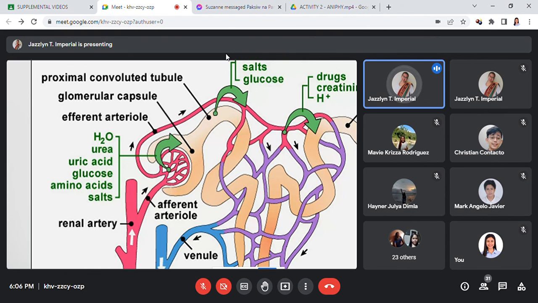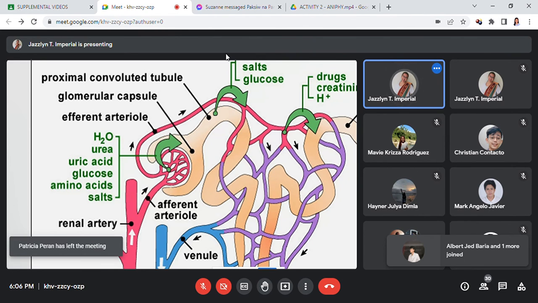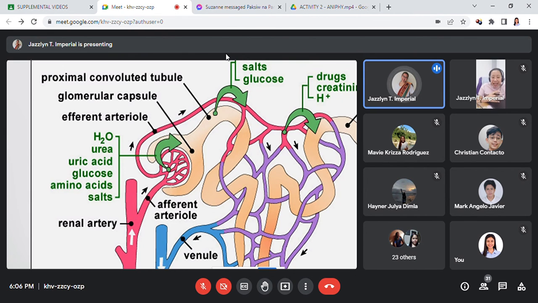Kaya di ba, one of the several disorders in humans is the high levels of uric acid. So I'm sure maybe one of your parents or a tita, a lola with high levels of uric acid, makikita nyo masakit yung mga joints, hindi na makalakad, and they are asked to avoid leguminous food and even meat products that are high in uric acid. Okay? Kasi nakakaapekto yon din ng physiology natin.